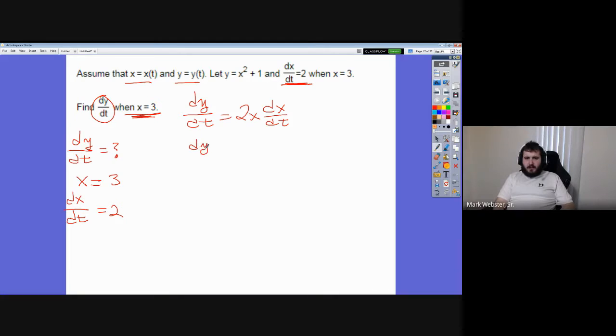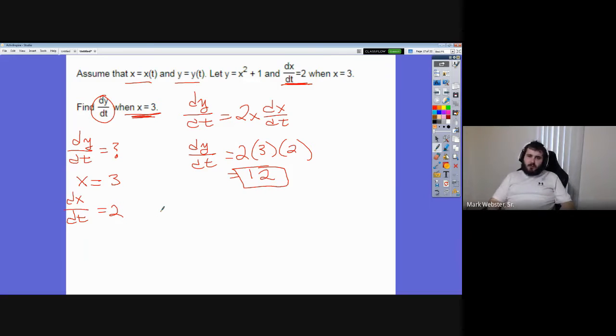So let's just plug everything in. dy/dt, which is what we're trying to find, is the same as 2 times x, and x is 3, times dx/dt, and that's 2. So dy/dt is 2 times 3 times 2, which is 12. Pretty simple.